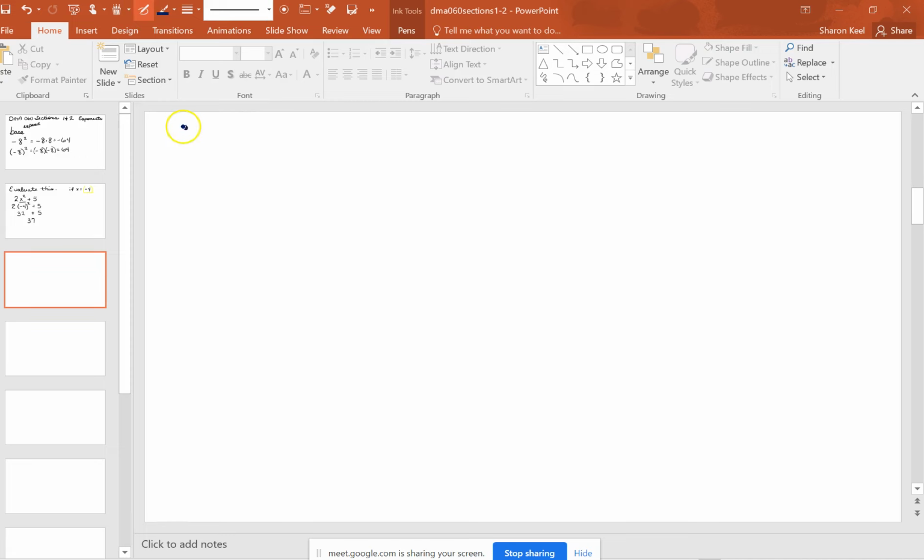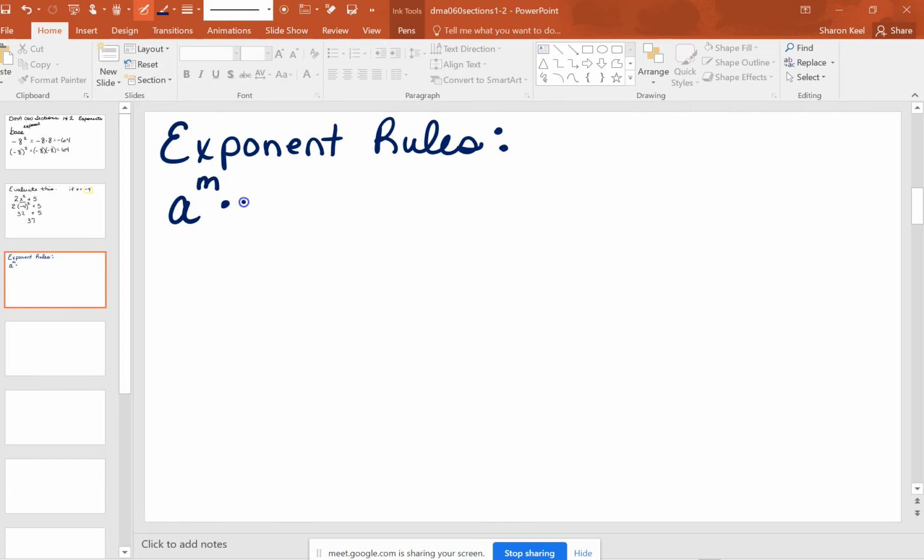Our next bit of information is looking at the exponent rules. These are the things that you're going to have to commit to memory. If you have the same base and you are multiplying those bases, you are going to be able to add the exponents together.